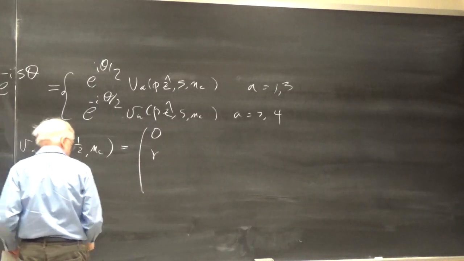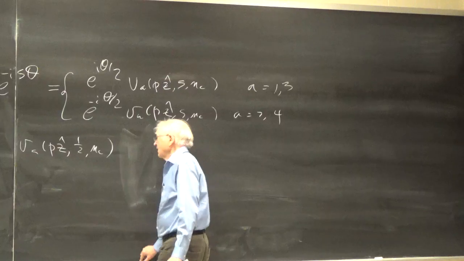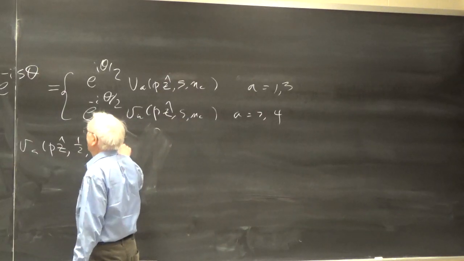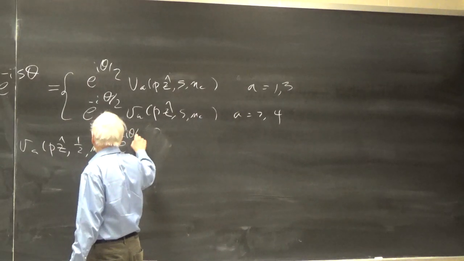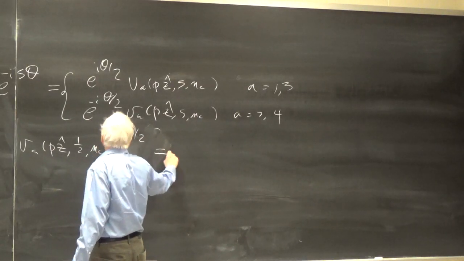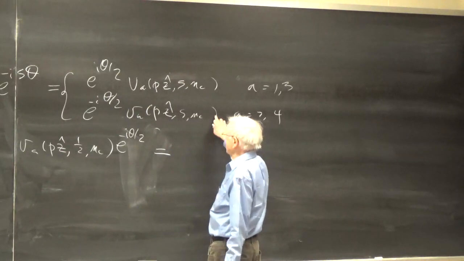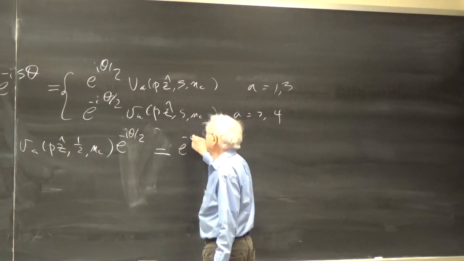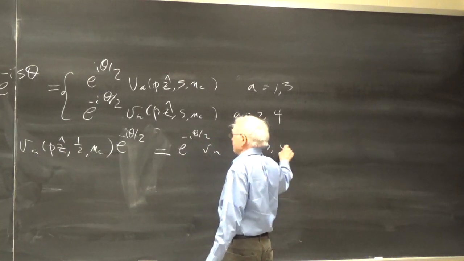So well, here, maybe I just shouldn't skip steps here. So if we put s equal to 1/2, this is e to the minus i theta over 2, and what does that tell us? That tells us that this only works for a equal to 2 or 4.